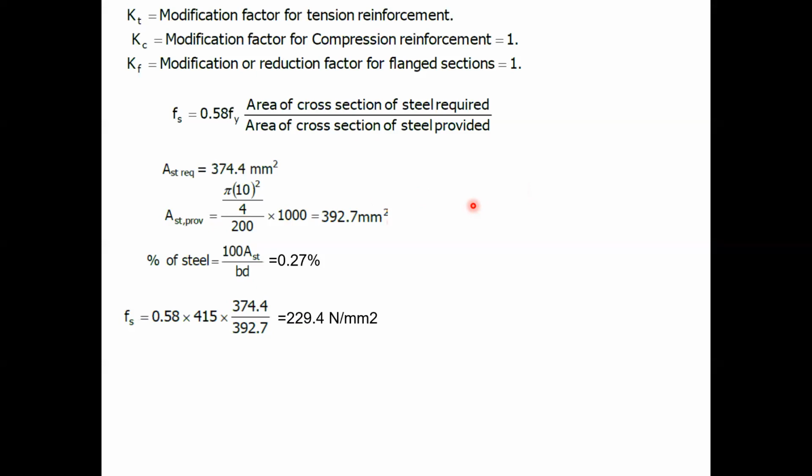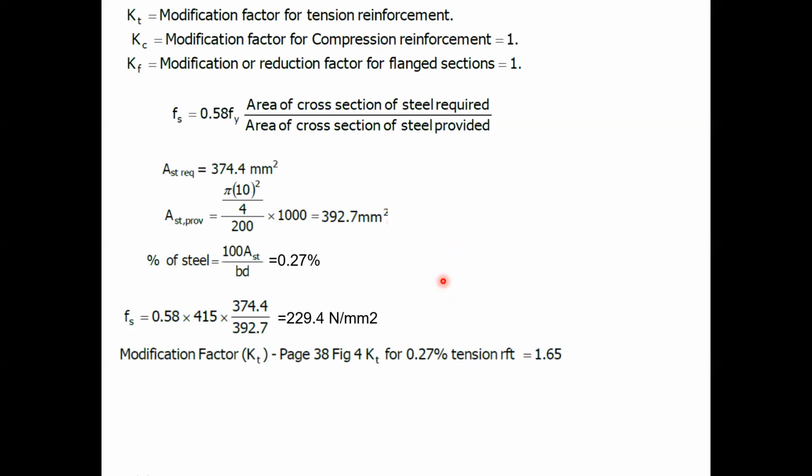Are you getting like 1.6 for the KT value? Okay. So you'll get around 1.65 or 1.6.